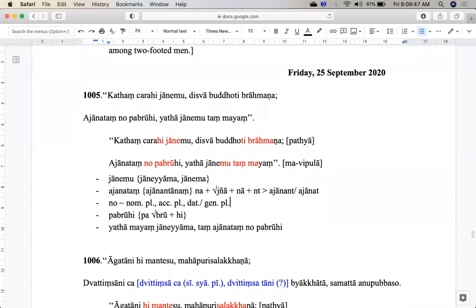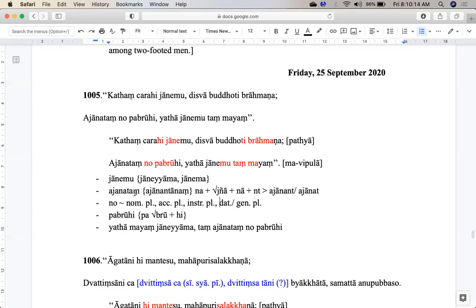So 4 cases, instrumental case plural also. So 5 cases can be. But here it is dative case. Okay, later we can analyze why dative case.